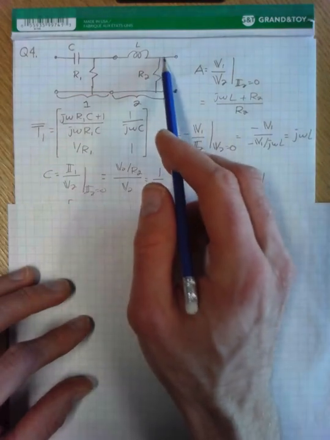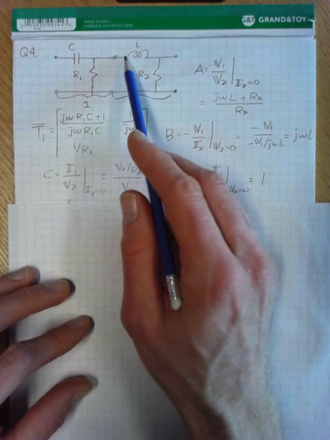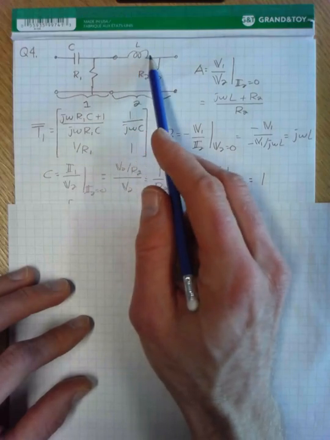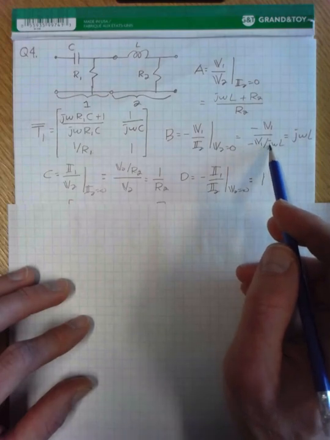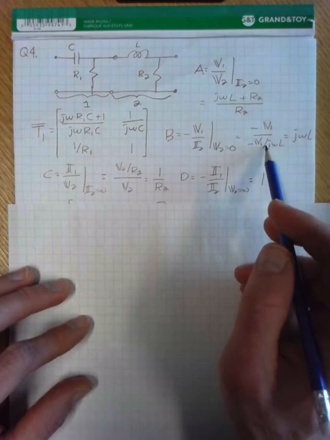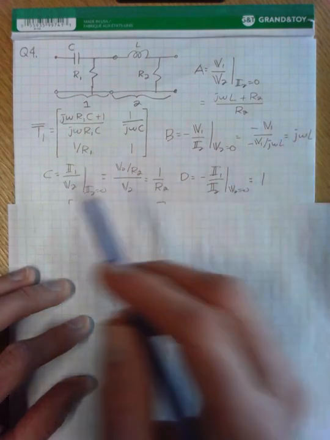That of course short circuits R2, and then we just have really V1 applied across our inductor, and so the current is equal to V1 divided by the impedance of the inductor. The negative signs cancel and we get j omega L.